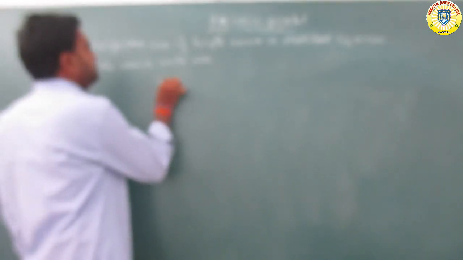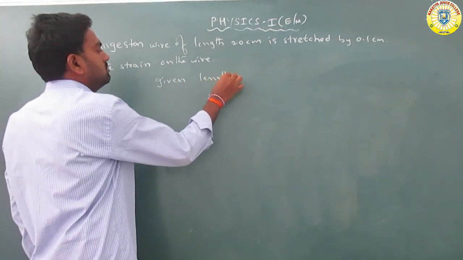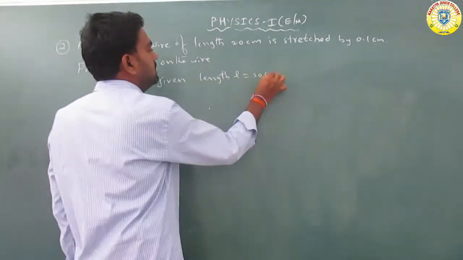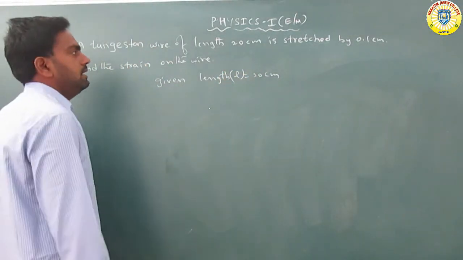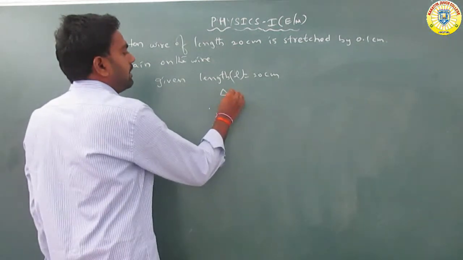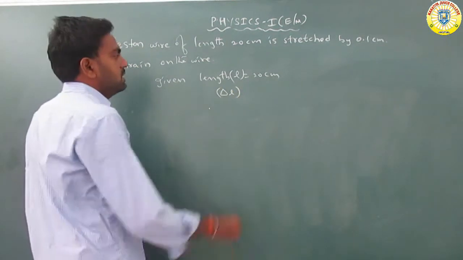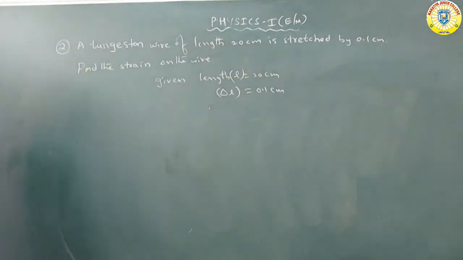Find the strain on the wire. Okay, from the given information, the length L is equal to 20 centimeters, and it is stretched by 0.1, which is the change in length delta L, equal to 0.1 centimeters. Find the strain on the wire.